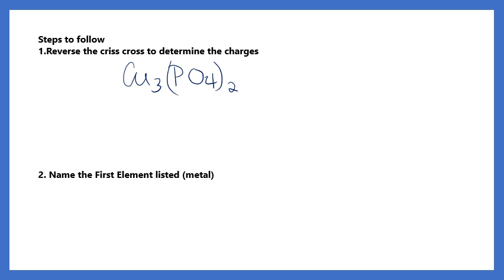The first step, again, with transition metals is to reverse the crisscross to determine charges. So the 2 is going to come up top to the Cu, so we know that Cu takes a +2 charge, and that 3 is going to crisscross reverse back up to the PO4, so we know that the PO4 takes a -3 charge. Okay.